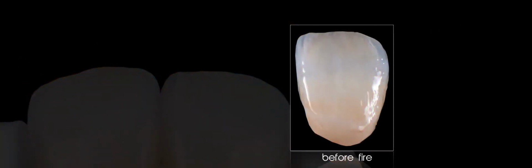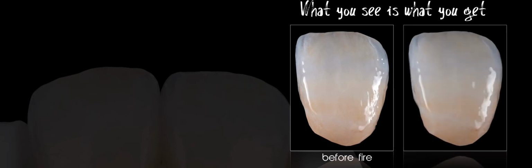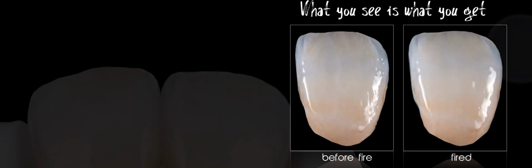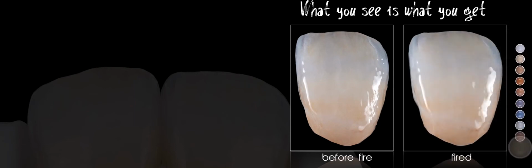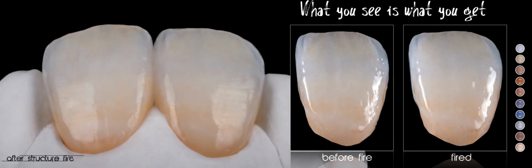So the ability to float color on color is one of the important characteristics. The other concept of what you see is what you get is also a very, very important characteristic. And this is achieved by making sure that the materials appear in the wet stage exactly as they will appear once they're fired.